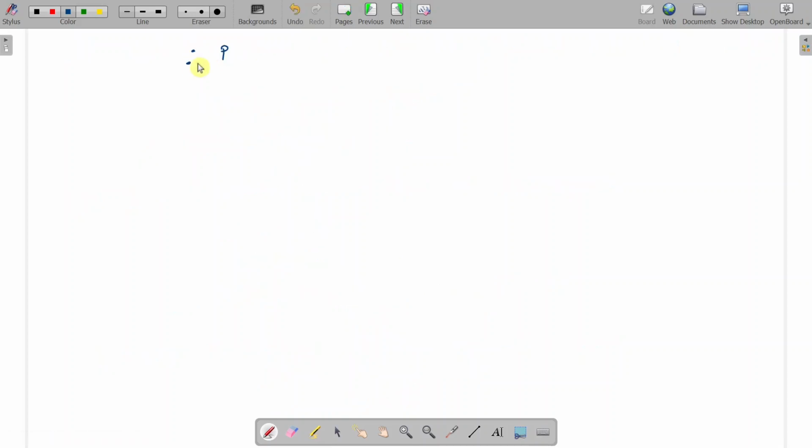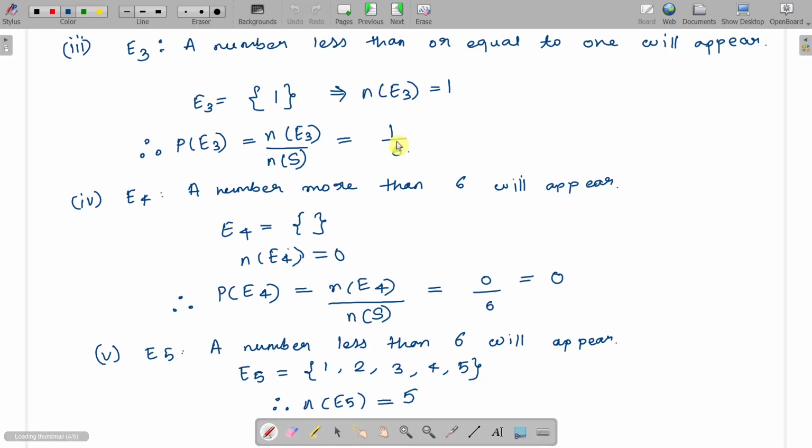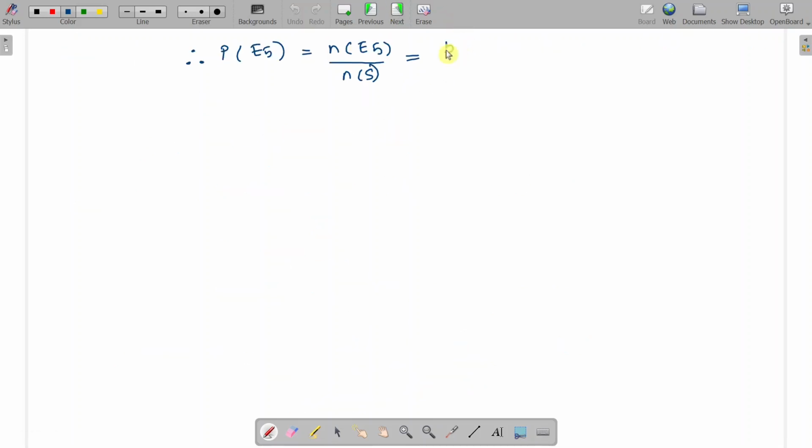Therefore, the probability of E5 is equal to n of E5 divided by n of S, right? So that is equal to 5 by 6. Okay, so here we have solved problem 3.